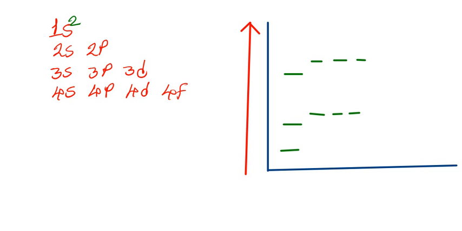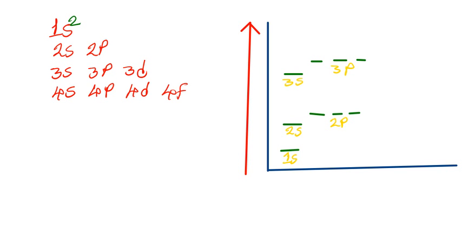So what we have here is 1s. This is 2s. These 3, all of them are 2p. Then this will be 3s. This will be 3p, like that.